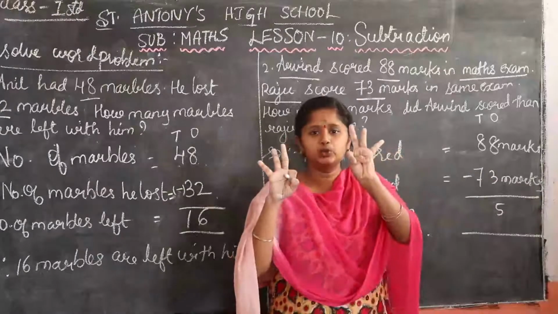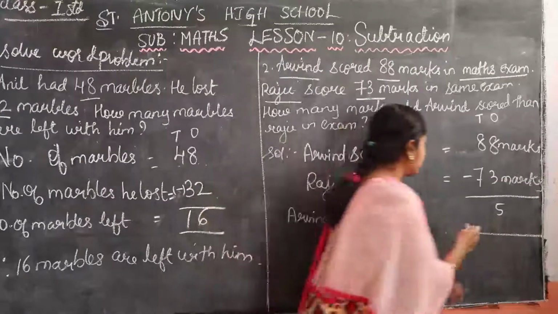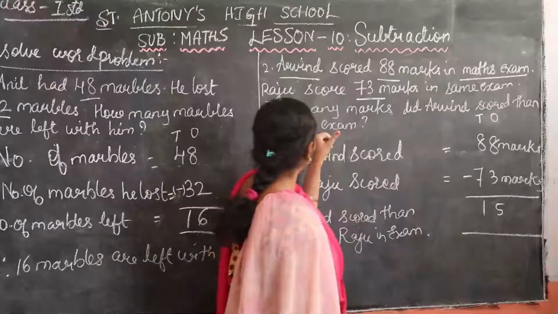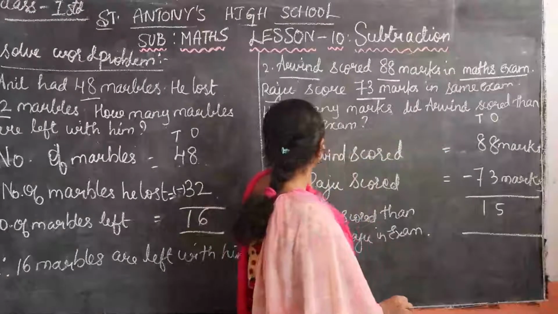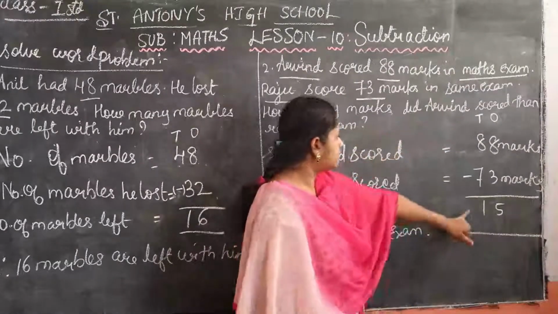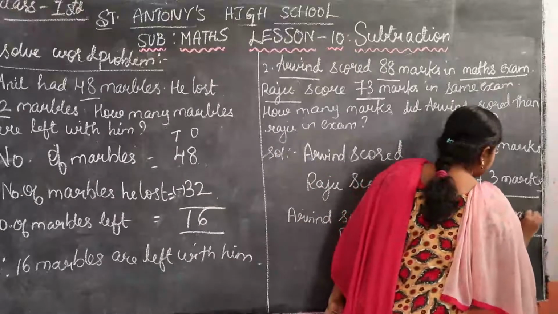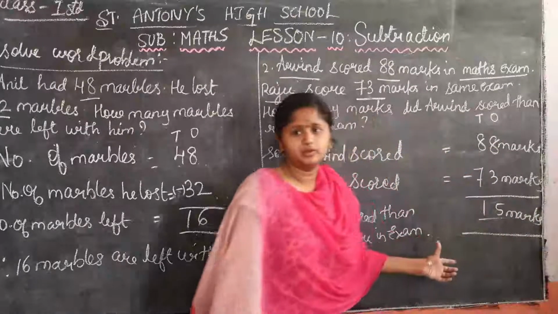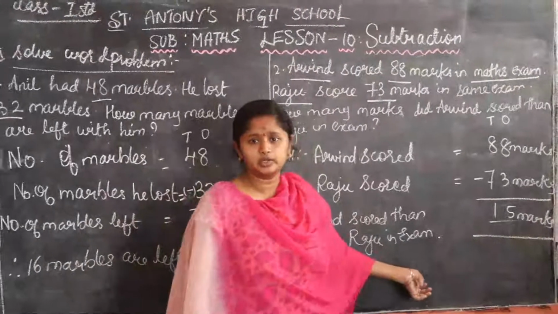So 1, 2, 3, 4, 5, 6, 7. So how much is left, children? 1. So 15 marks. Arvind has scored 15 marks more than Raju in the exam.